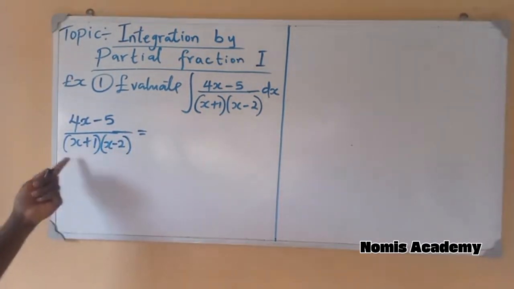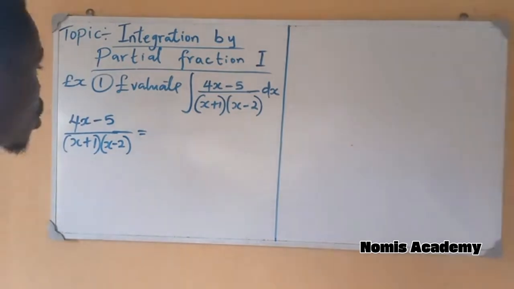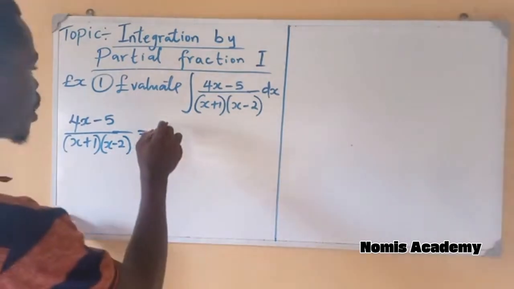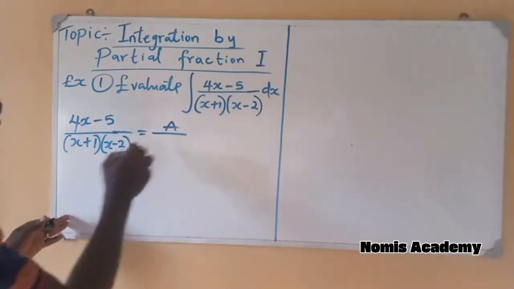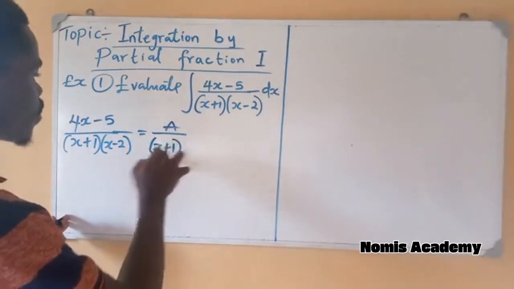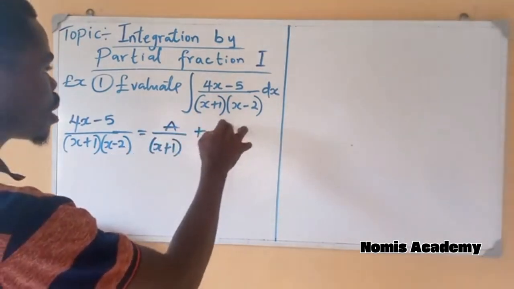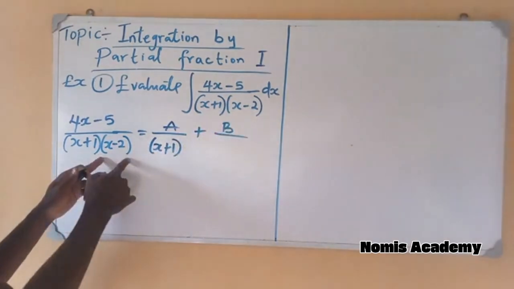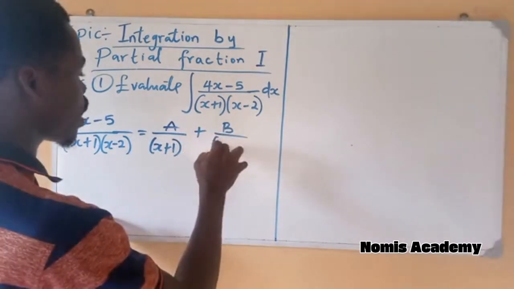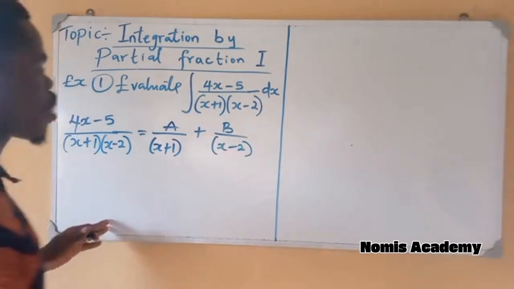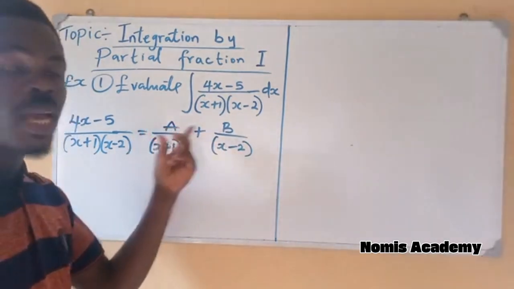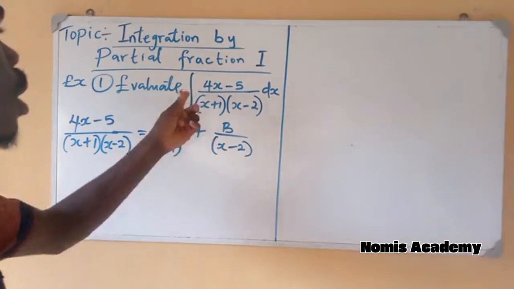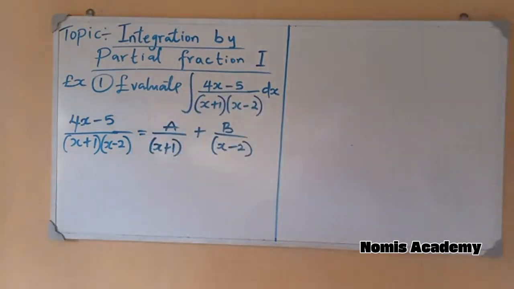Since we have a product of two linear factors, we can write the expression in this form: A over the first linear factor, x + 1, plus B over the second linear factor, x - 2. By the time we are done looking for the values of A and B, we can proceed with the integral. So let's go ahead to find A and B.